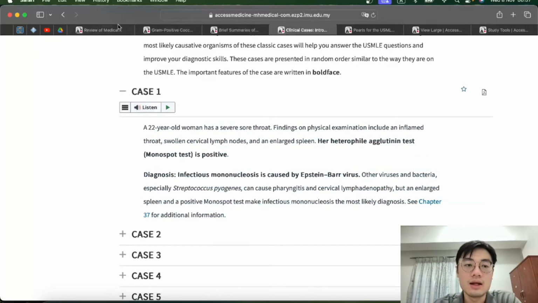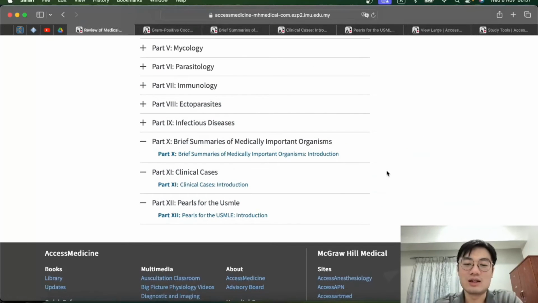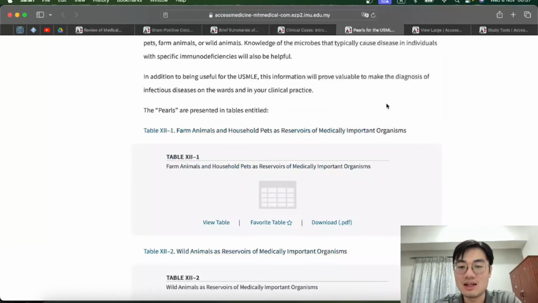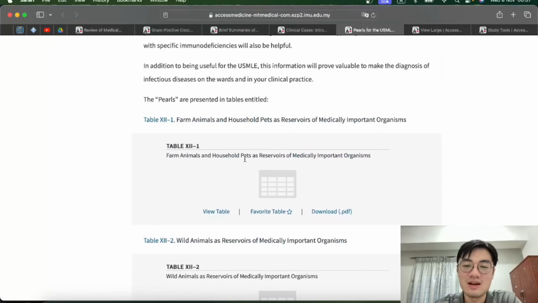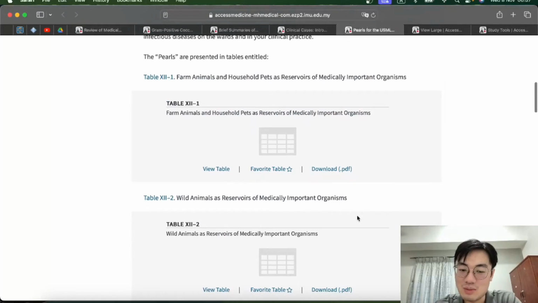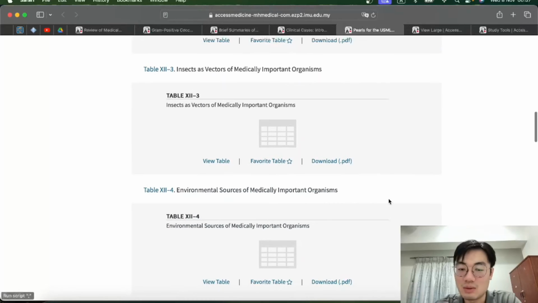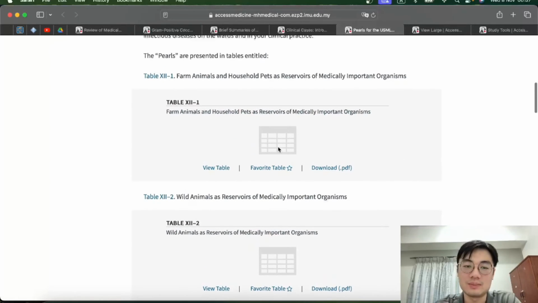Yeah. Then on top of that, there's also this part, pearls for the USMLE. So if you're preparing for USMLE, there are also top tips, hot tips that usually come out for USMLE, and they provide this in table form, and you can click on it. So like the first one, farm animals and household pets that act as reservoirs for medically important organisms.